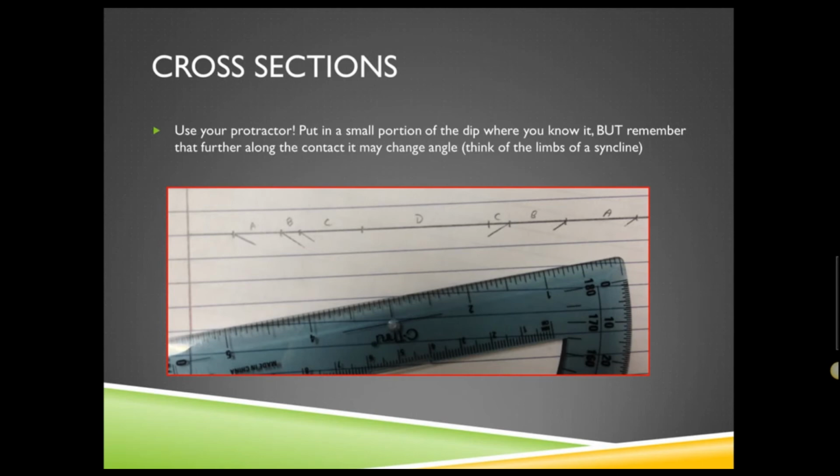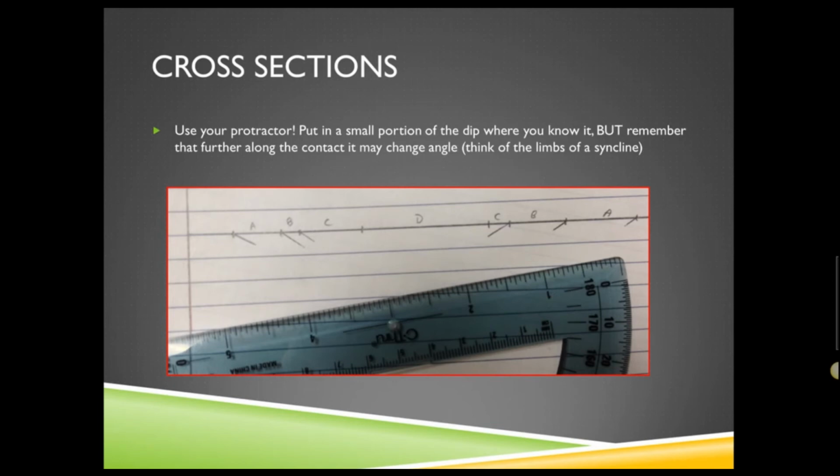If you've got angles, make sure you use a protractor and actually start your beds at the proper angle. You don't need to draw the line really far, because as you know, if you think about an anticline or a syncline, the angle doesn't stay constant all along the limb.